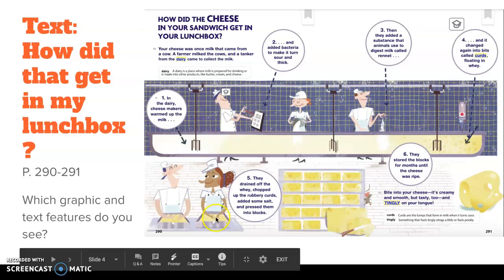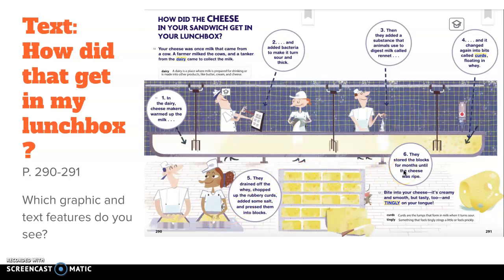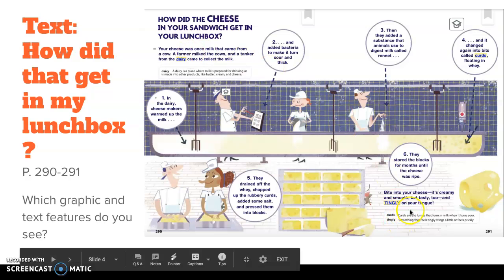So they take this product that comes from the milk, the curds, they press it, add salt, shape it, and then store it so that it becomes cheese. The first and last paragraphs have to do with before it's milk, before it's cheese, and after it's cheese.